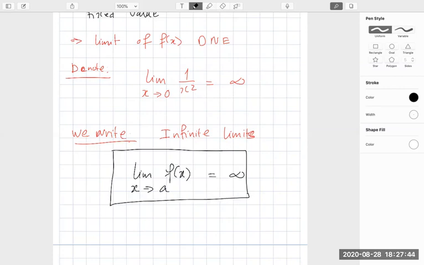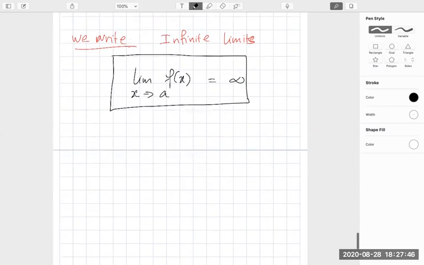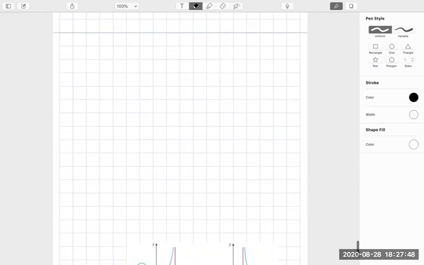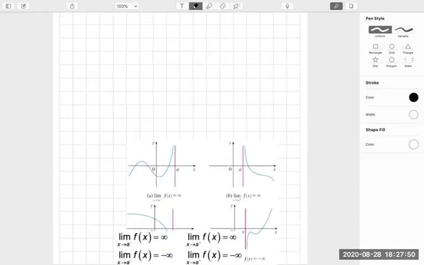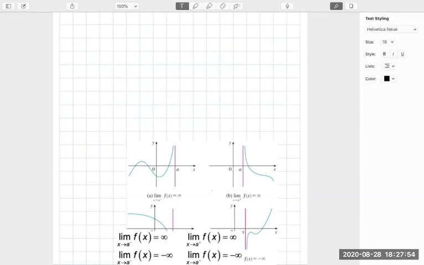Okay? And now let us consider these graphs.